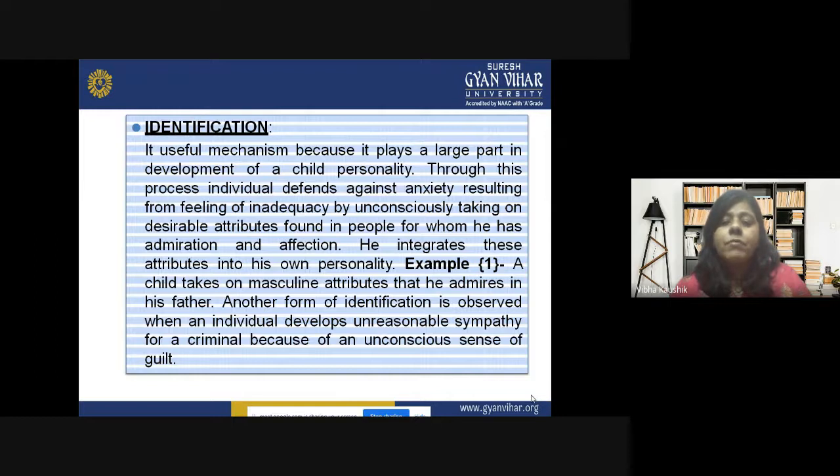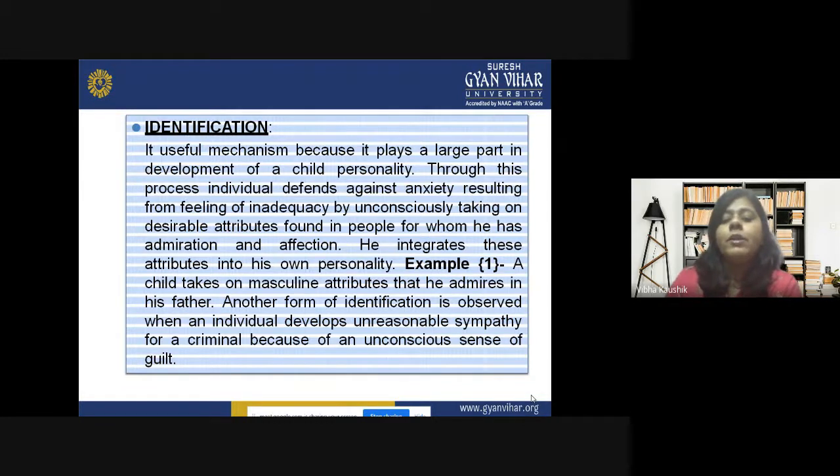Now, example first: a child takes on masculine attributes that he admires in his father. Means what he is doing, he is attributing those masculine traits or characteristics that he admires most in his father.